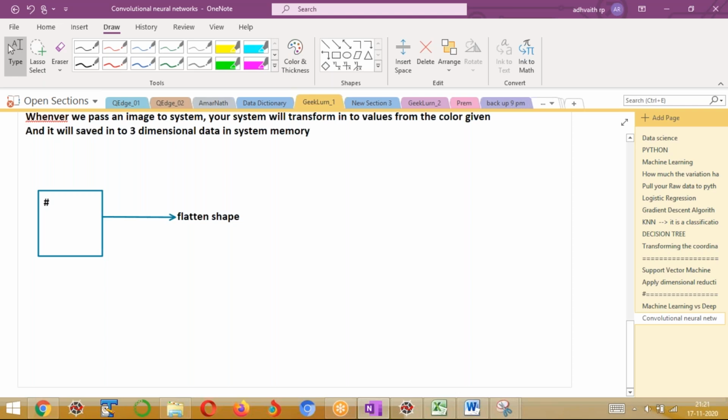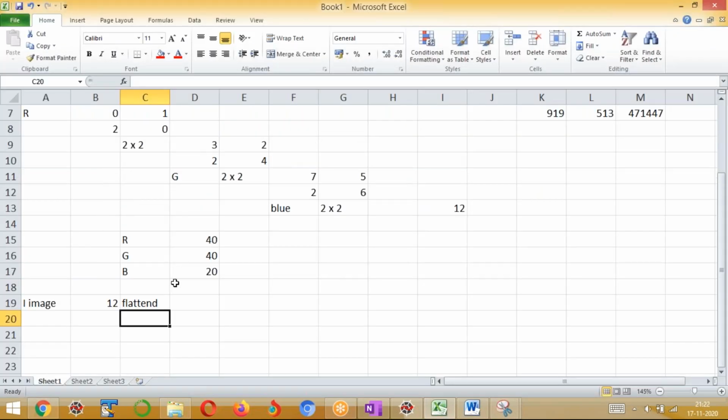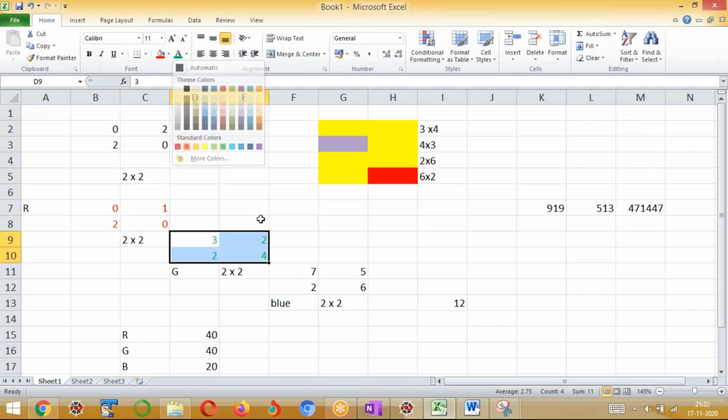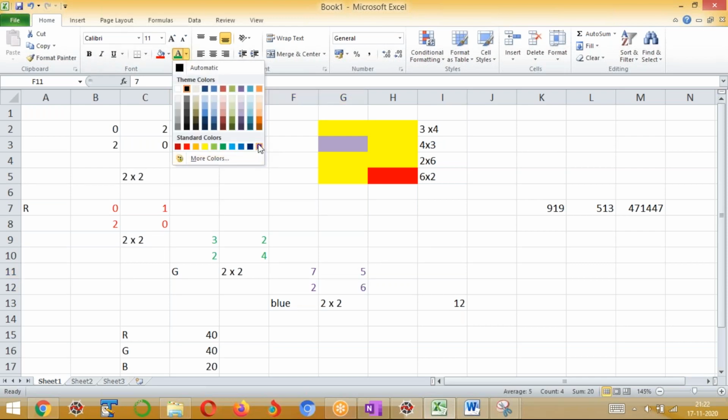Here it contains 3D data. That is what we are seeing, right? Once it is converted, the values will be transformed like this. How is it going to happen? 0 1 0 1. If you put it in colors like this, you will get to know this is red color, RGB, this is green color, and this is blue color.